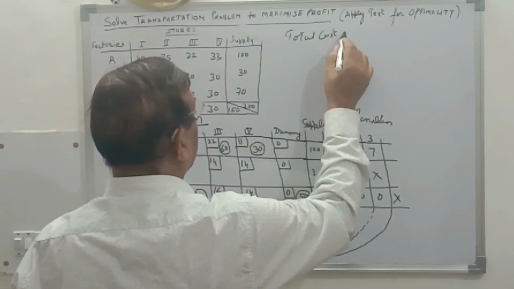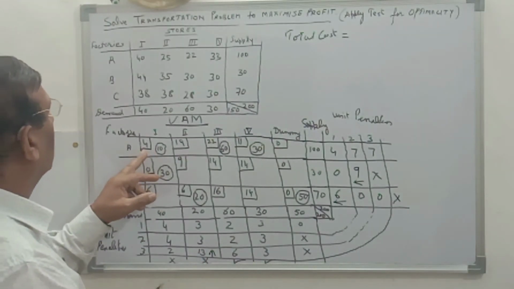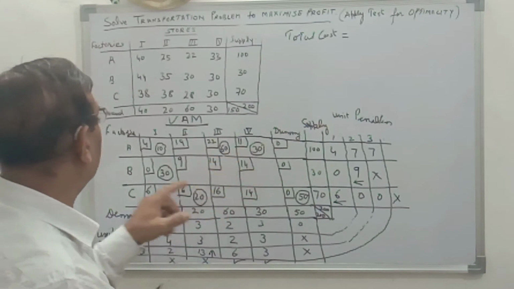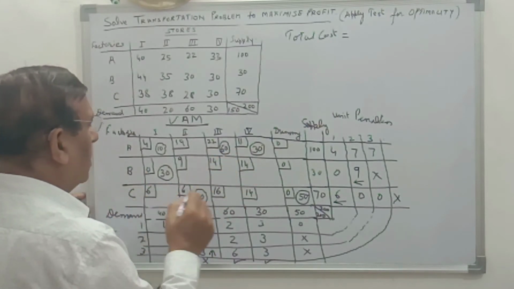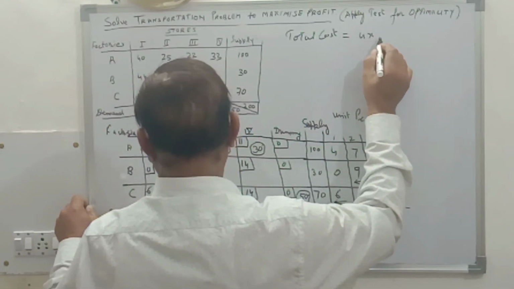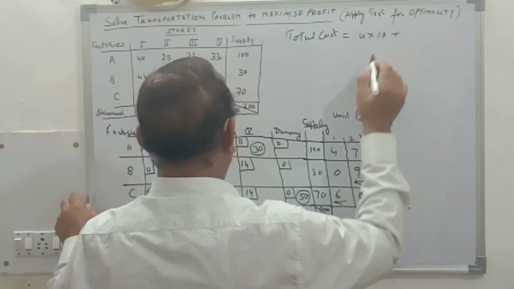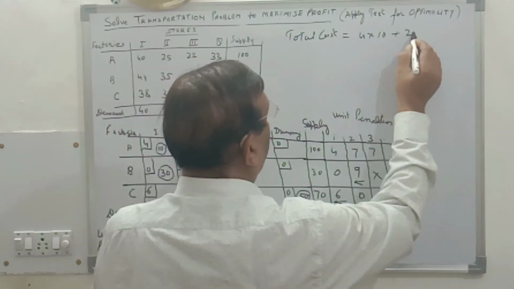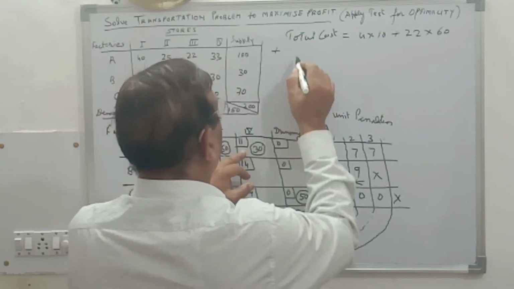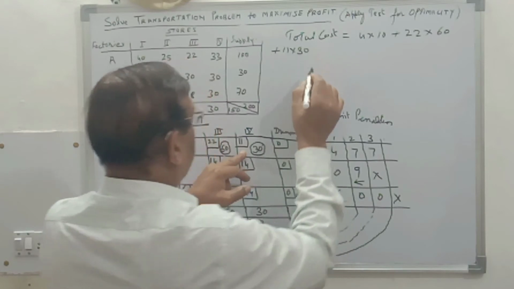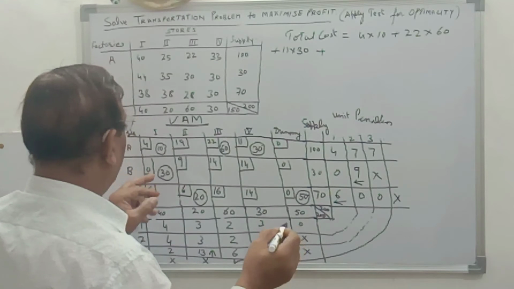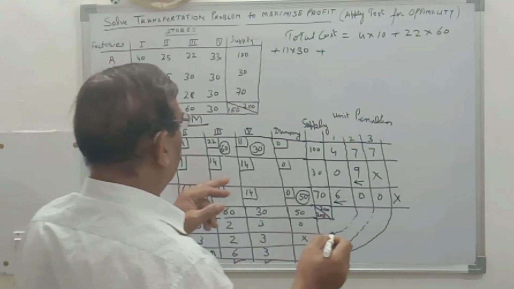Total cost is cost into units. These are the costs, and these are the squares. Cost 4 into 10 plus 22 into 60 plus 11 into 30 plus 0 into 30, there is no point in writing down 0 into 30, it is 0.